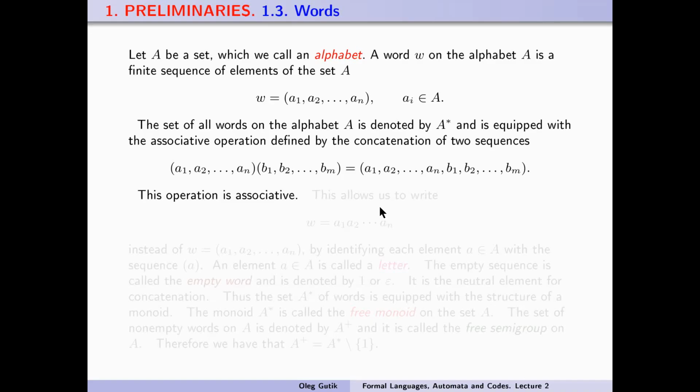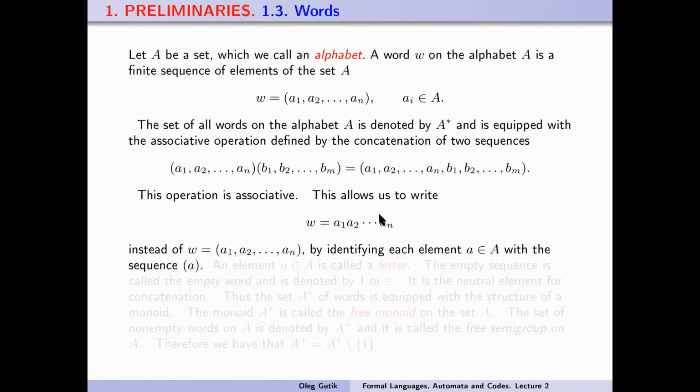There is no problem to show that this operation is associative, and this allows us to write the word W in the following way. As usual sequences, we write it as we write words in school, and we use such writing instead of W, of such symbols, by identifying each element a small of A capital with the sequence a.